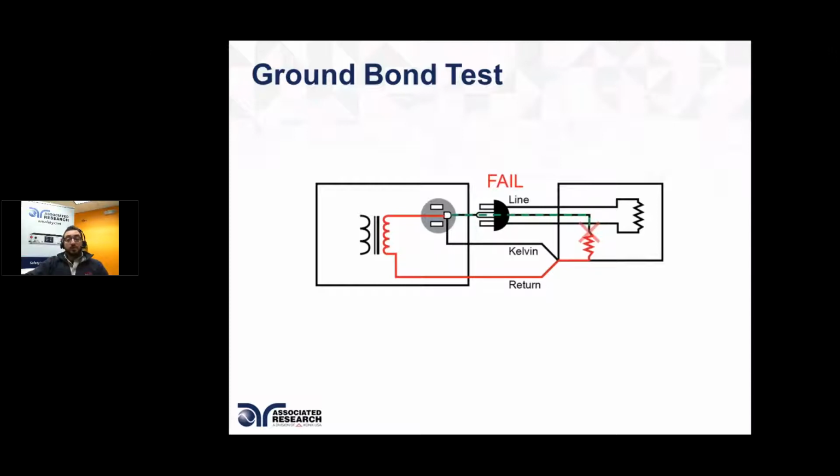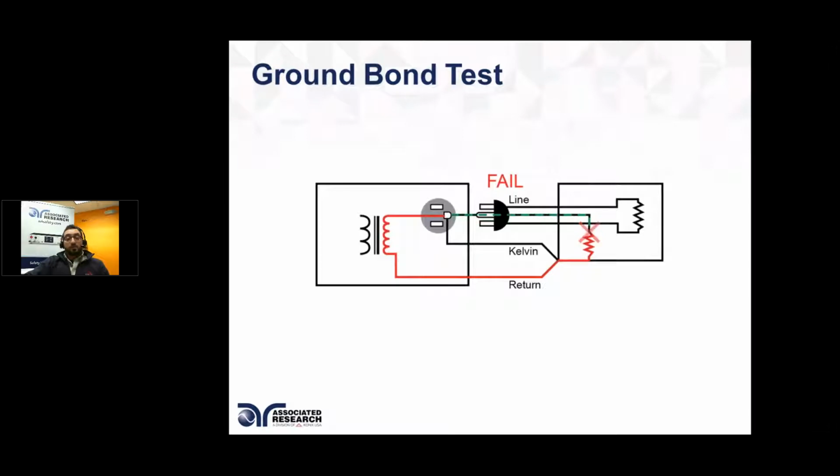So here's an image showing a ground bond test failing, which means that, as a result of the high current flowing through the ground circuit, the voltage drop occurs, and the resistance measurement that was made is exceeding the failure threshold, which in our case is usually called the high limit or the max limit that you can program in the ground bond tester, and any of the Associated Research ground bond testers, to catch whether the resistance of the ground circuit is exceeding that value.